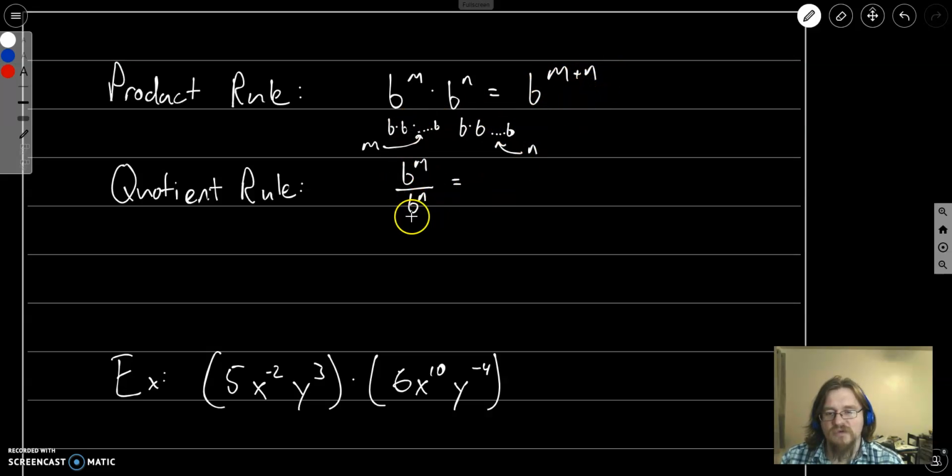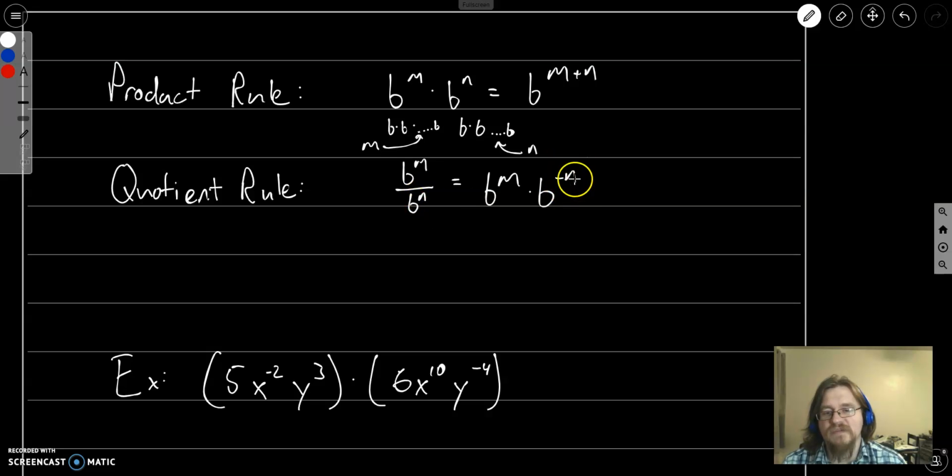The quotient rule is a little bit harder, but we can reduce the quotient rule to the product rule pretty easily. If I have b to the m divided by b to the n, I can turn everything into just a regular exponent. Since I'm dividing by b to the n, it's on the bottom of a fraction.